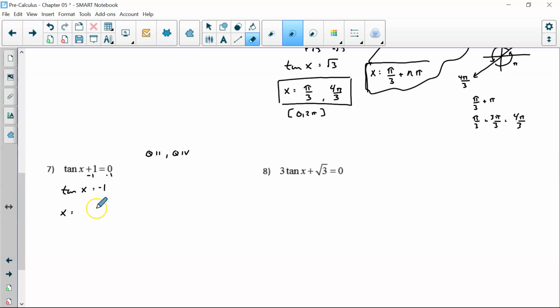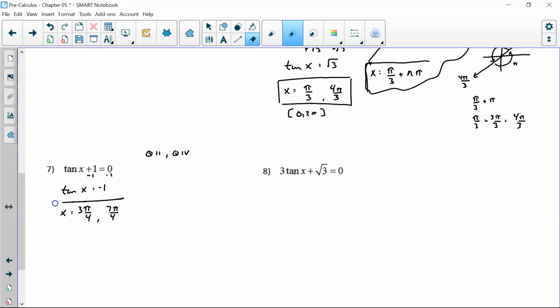And when tangent is 1, that's at pi over 4. To get us into quadrant 2, it's going to be 3 pi over 4. And to get us into quadrant 4, it's going to be 7 pi over 4.